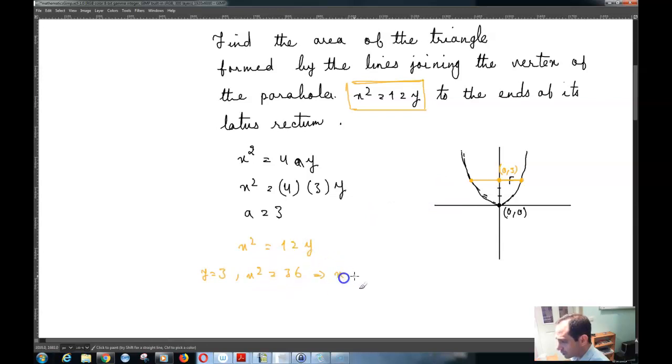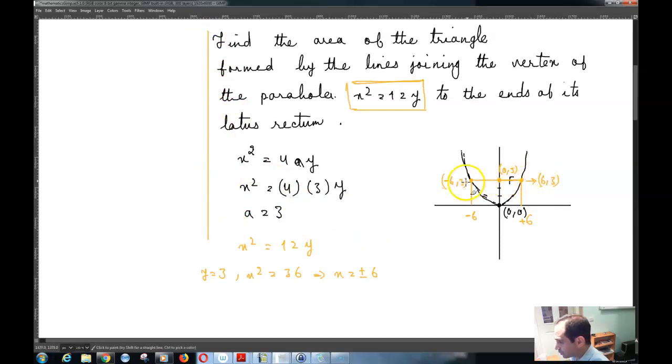That means that x is equal to plus or minus 6. So the coordinates of this point would be 6, 3, and the coordinates of this point would be negative 6, 3.